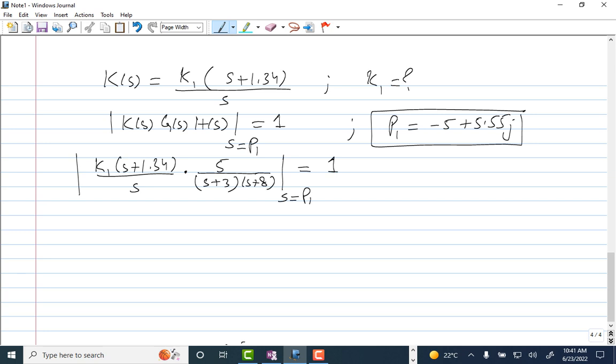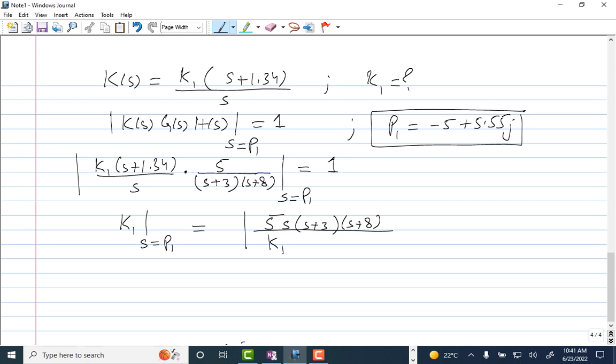We can rewrite it, with a little manipulation, as k1 at s equal to p1 must be equal to s plus 3 and s plus 8, whole divided by k1.